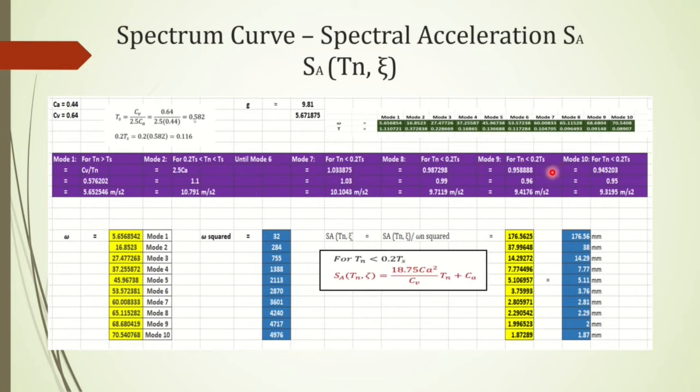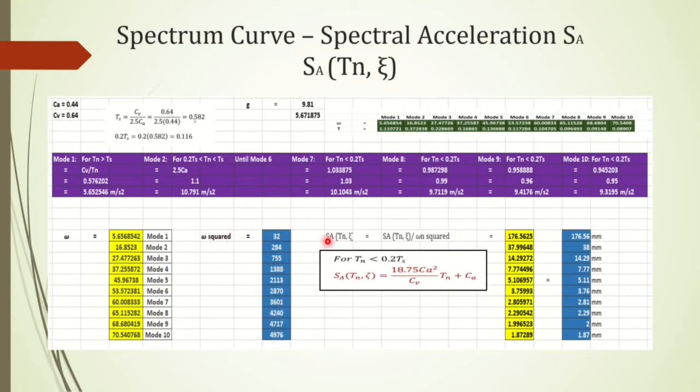So, sa spectral displacement naman guys, ang formula natin is just the spectral acceleration over the frequency squared. So, ito yung frequency natin. Ginawa kong column. Mode 1, mode 2, hanggang mode 10. So, nag-set ako ng formula dito na ma-square siya. Ito na siya.